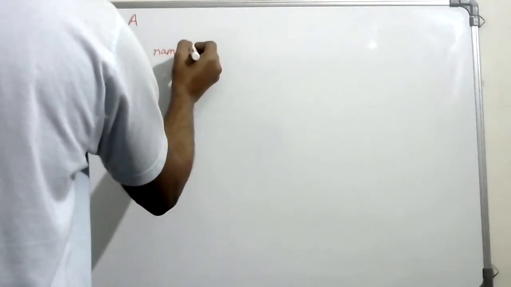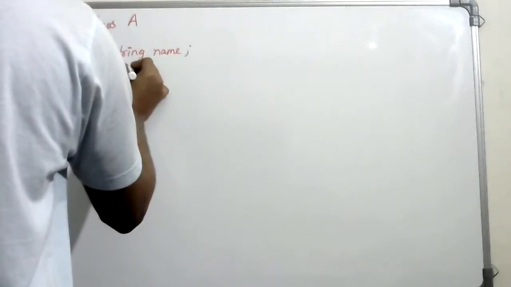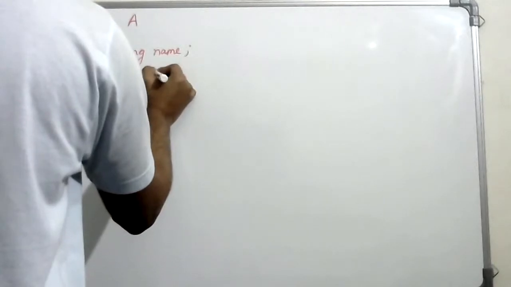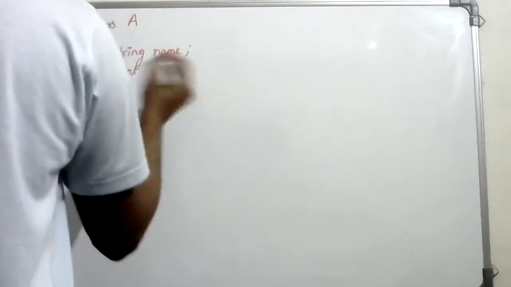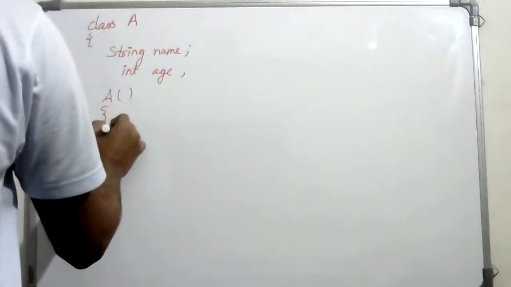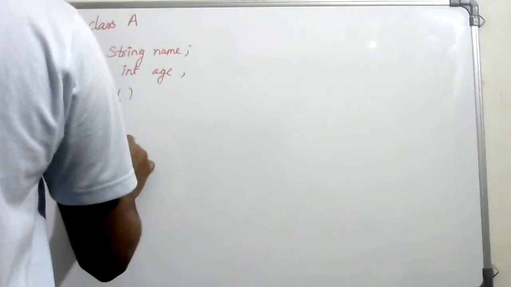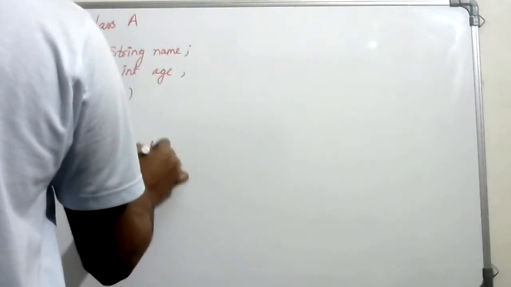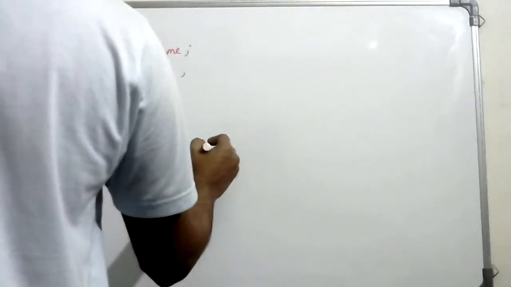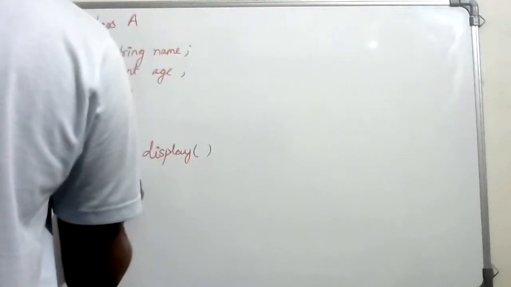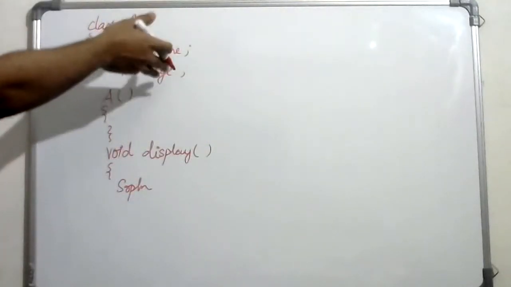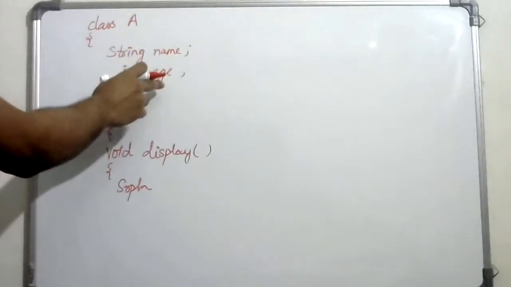So let's say I have two variables, string name and int age. Let's say I am writing my own default constructor, as well as a display method to display the values that are stored in the variables name and age.